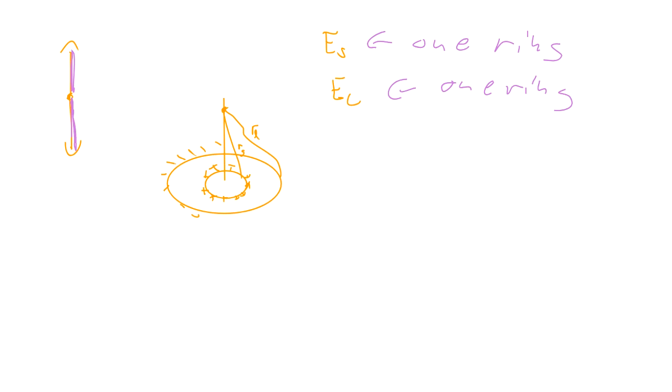Right? You're going to want to look at when E equals ES plus EL equals 0. So you're going to have to figure out, at the very least, when the magnitudes are the same.